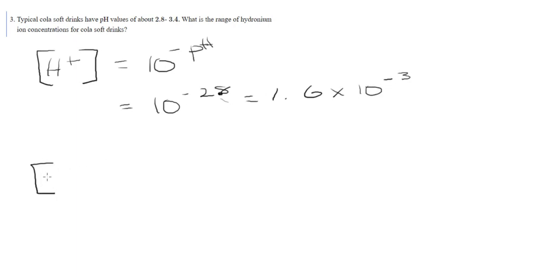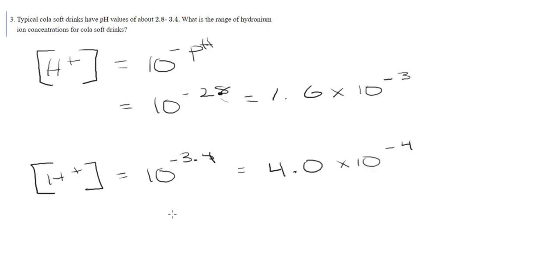And then the other end of the range, the high end of the range, is 3.4. That's a 4. 10 caret negative 3.4. And I got 4.0 times 10 to the negative fourth. So your answer, the range, right?